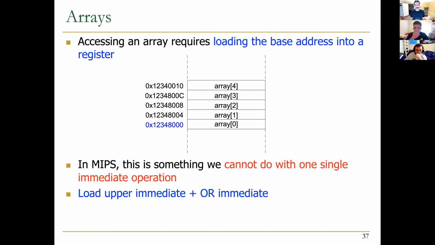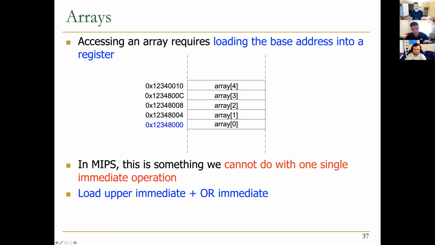Why we don't have an instruction that we just use the whole address and use one instruction in order to load into a register. And we know that registers in MIPS are able to store the whole word. They have 32 bits to store the whole thing.